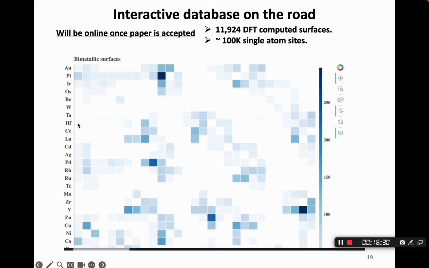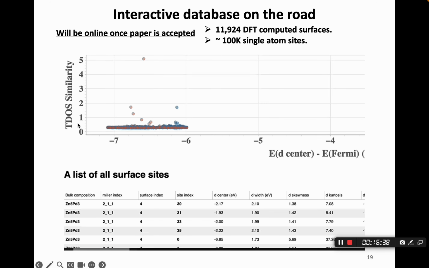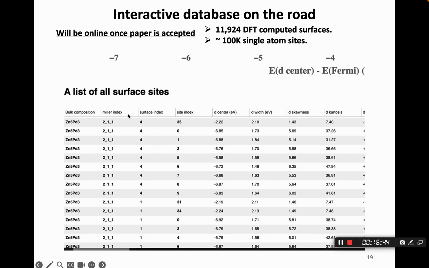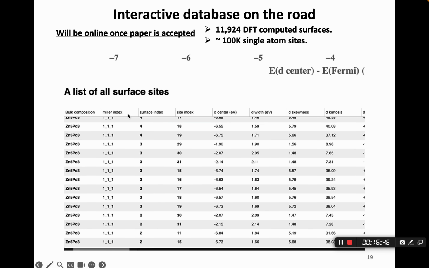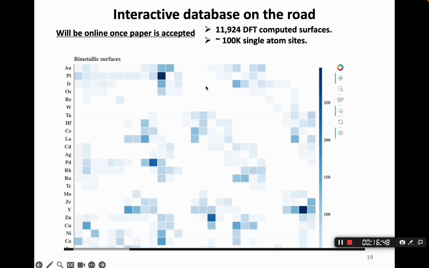In addition to that, all those results are open source again. This paper is already published in Journal of Materials Chemistry A, because I'm recording this a few months after my ACS talk.